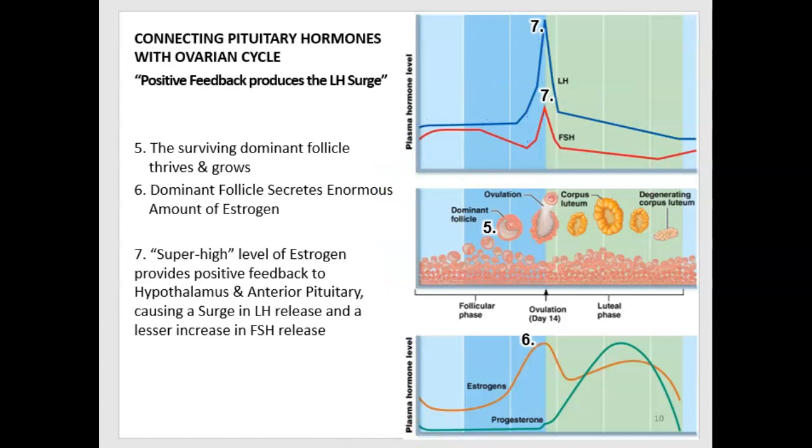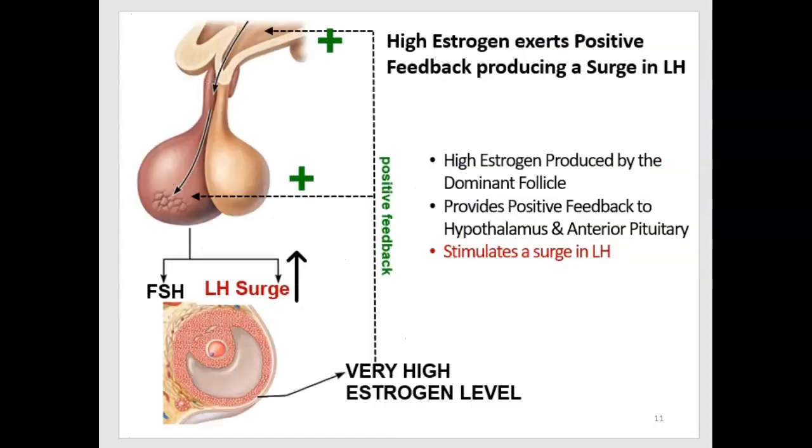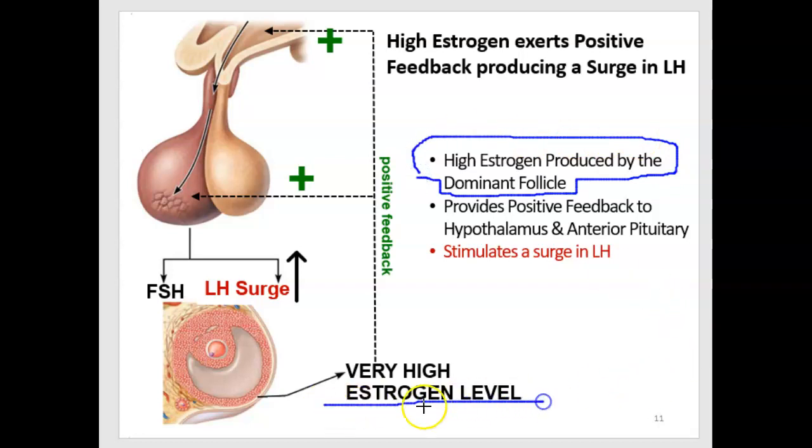So this example of positive feedback of estrogen on the anterior pituitary only happens once you've already got a dominant follicle, because this dominant follicle is producing enormous levels of estrogen. And it's this very, very high level of estrogen that causes positive feedback.